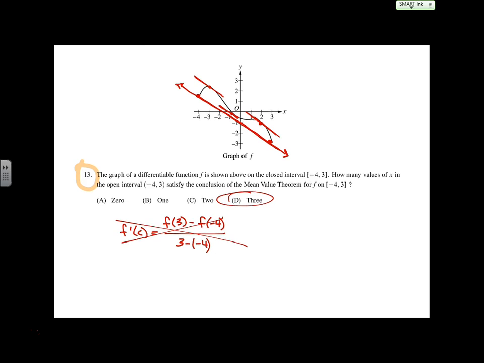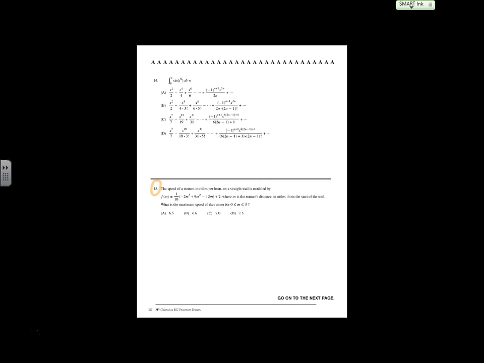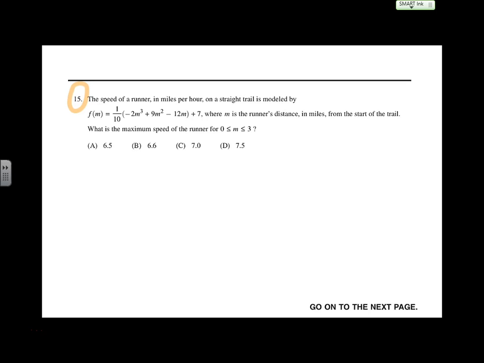Tricky, tricky, tricky, huh? Number 15, we have the work up on the board, so I'm just going to quickly see if I agree. They give you a function for speed, and m is distance. What is the maximum speed? Whenever we want to find the maximum on a closed interval, we want to find the absolute maximum. What Gerardo did is he found the derivative, which I agree with, set it equal to 0, and found his critical numbers at 1 and at 2, which are both in the interval 0 to 3.